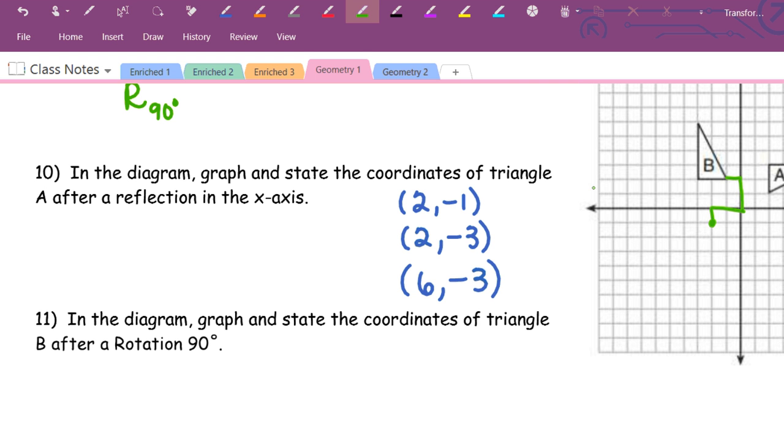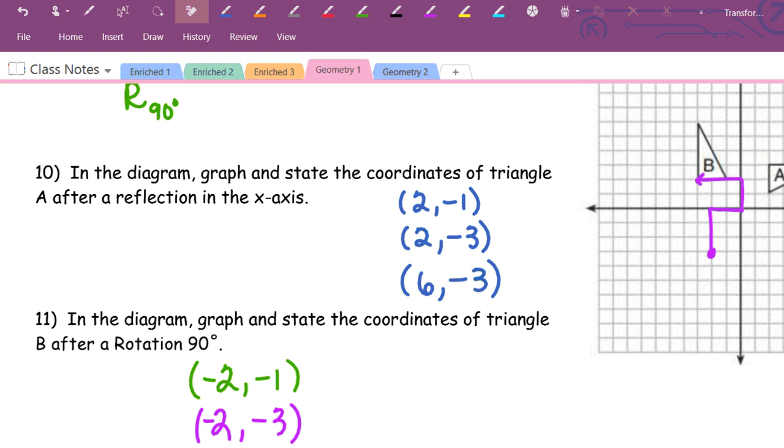So what point is that going to put us at? -2, -1. And then the next one: I go up 2 and then back 3. So I go down 2, back 2 and down 3. So that puts us at what ordered pair there? Negative 2, negative 3.